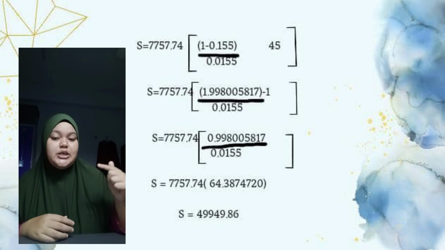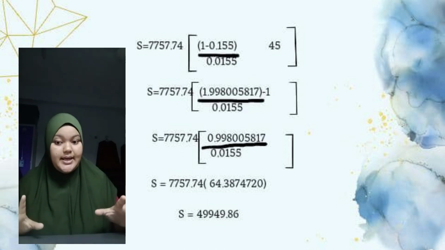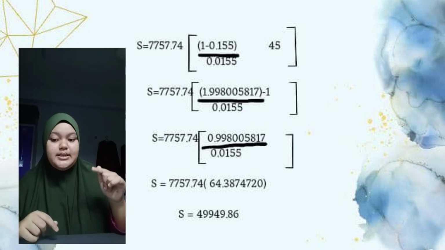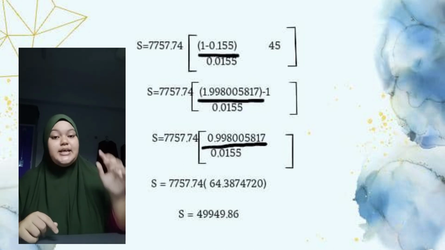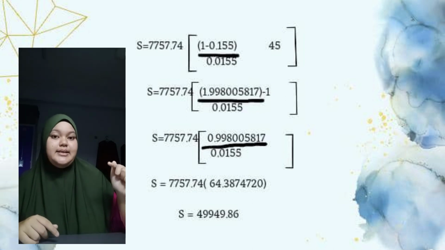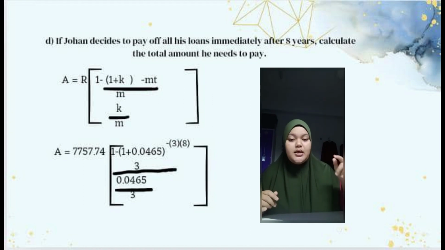S equals 7757.74 times the big bracket, and the answer is 49949.86.